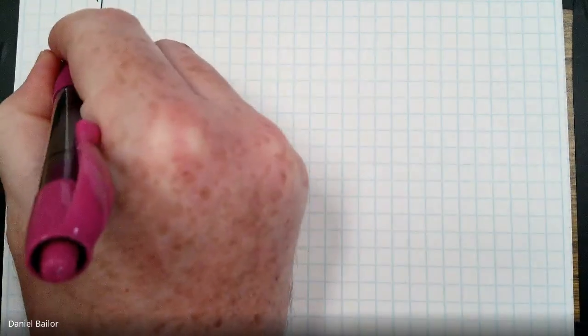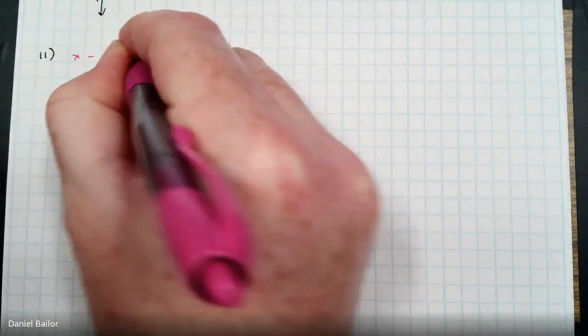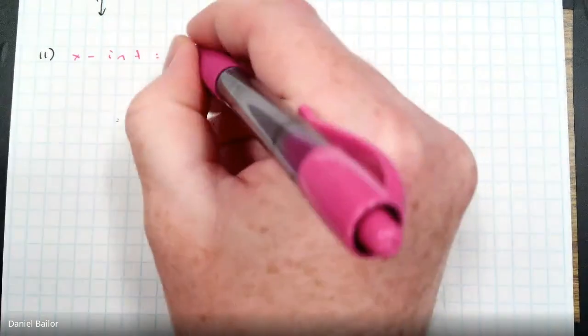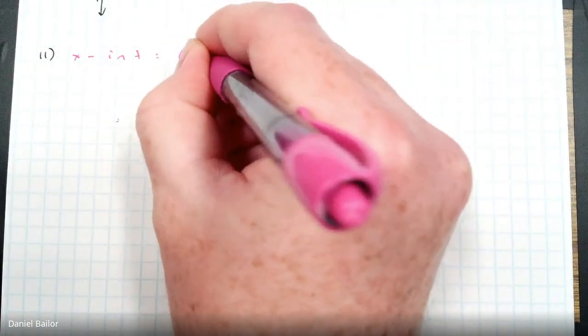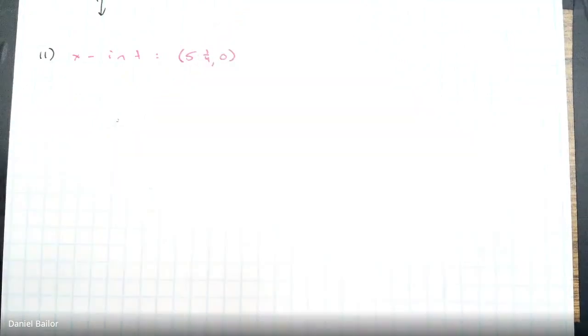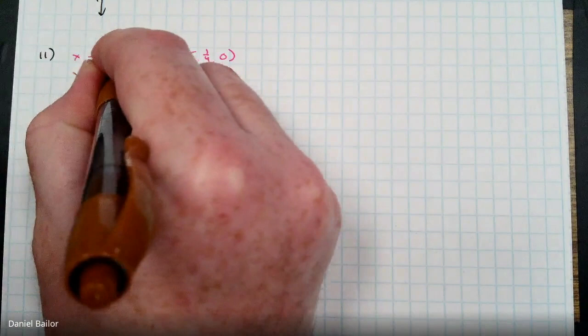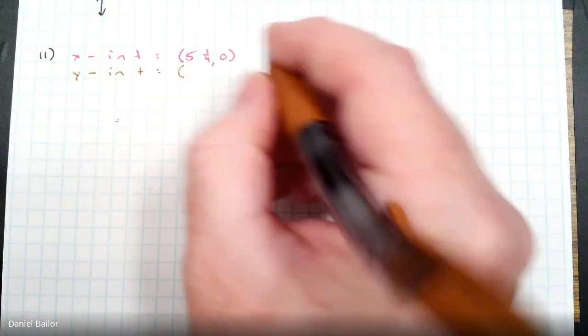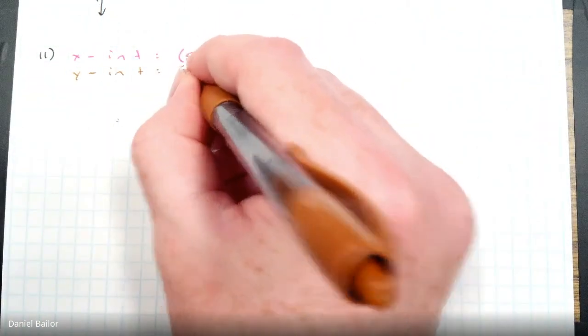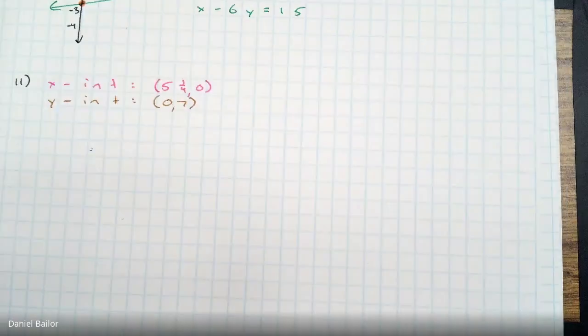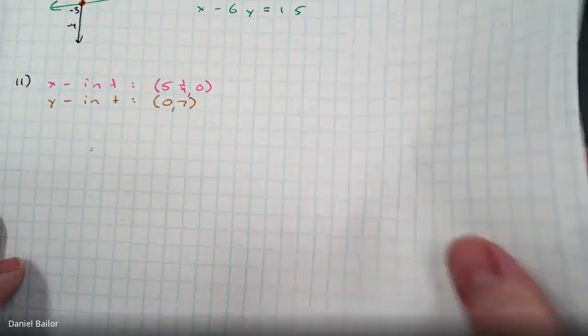So my x-intercept, the coordinates I got were (5 1/4, 0). And for the y-intercept, x is 0, y is 7. So those are your two coordinates.